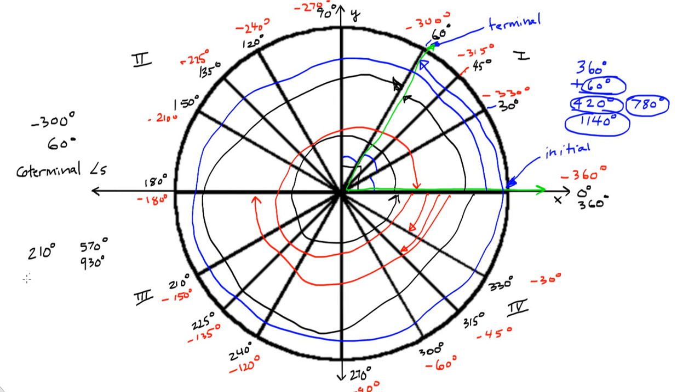If I subtract 360 from that, I get negative 150. Not surprising. Take a look right there. Or I could subtract another 360 and get negative 510 degrees. These are all coterminal angles. So again, we can get coterminal angles by adding and subtracting multiples of 360. Thanks.